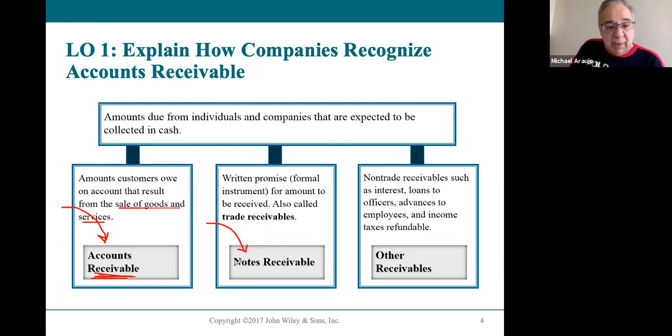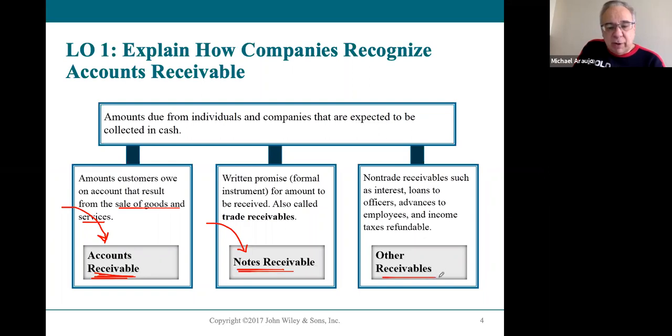And they say, okay, and there's your notes receivable. That's how notes receivable are basically born. They come from accounts receivable, which need a lot longer than the 30 days to get paid. And so they're simply turned into loans. Remember, the word note is synonymous with loan in accounting.